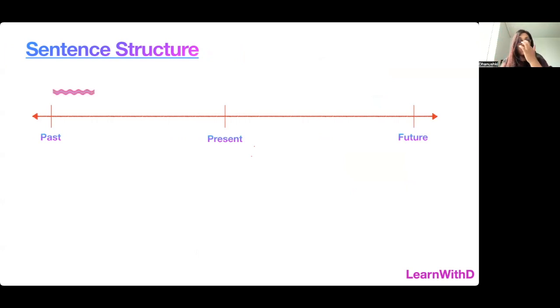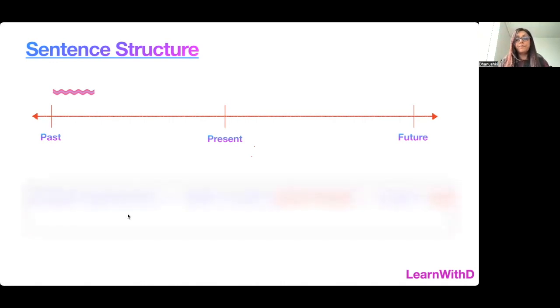If you watched my present continuous video, you would know what the wiggly line means. The wiggly line means it is happening. It's a continuous action. So it starts in the past and it is still continuing, but all in the past. It is not the present, it is not the future, it is still the past. It's a continuous action, that is why the wiggly line, but it is all in the past.